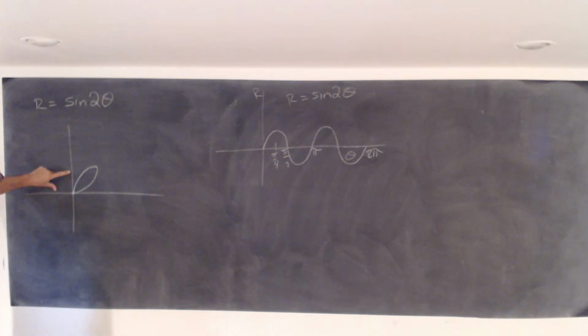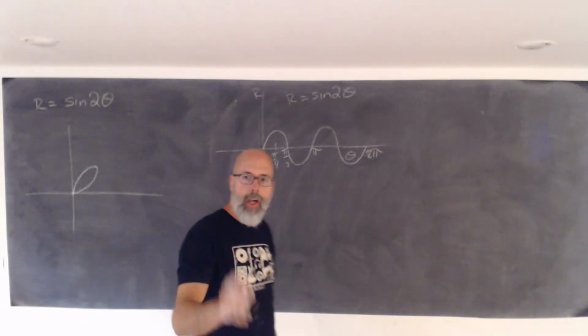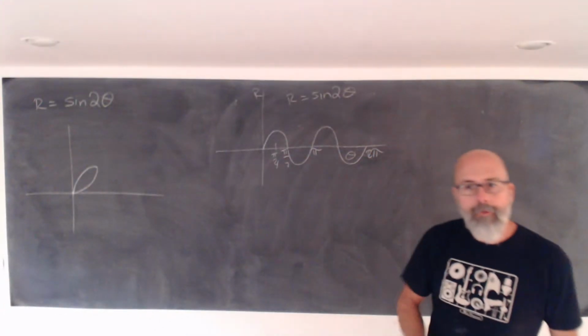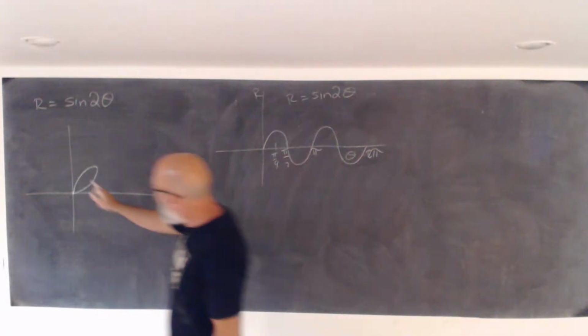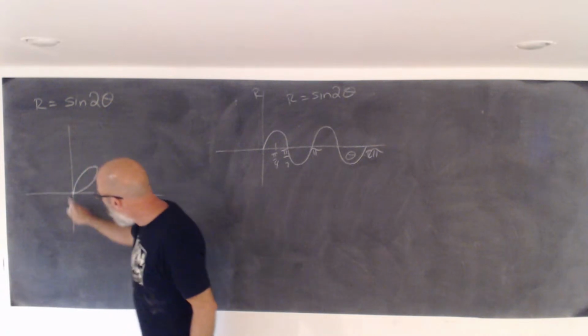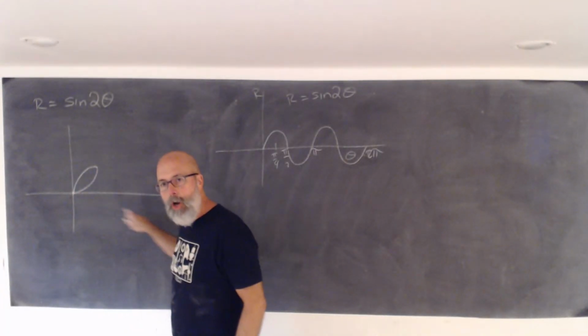Then what's going to happen between pi over 2 and pi? Well, between pi over 2 and pi, sine is negative. So instead of graphing it in this positive direction, you're going to graph it in the opposite direction.